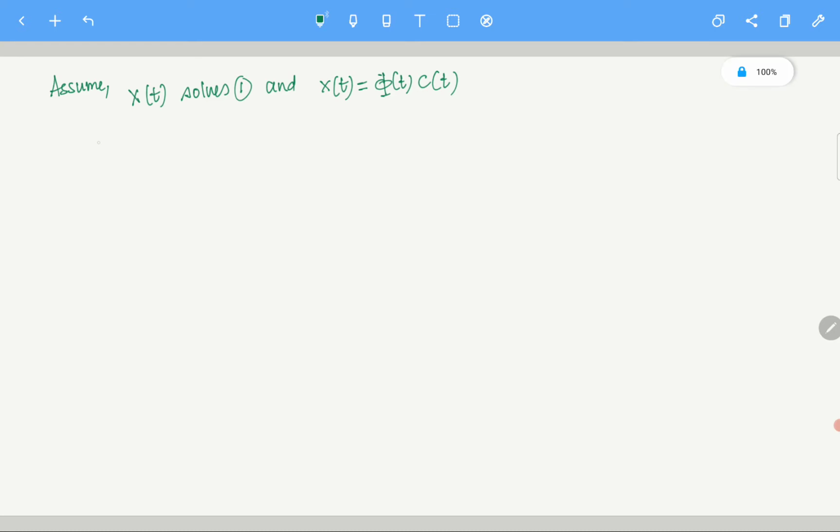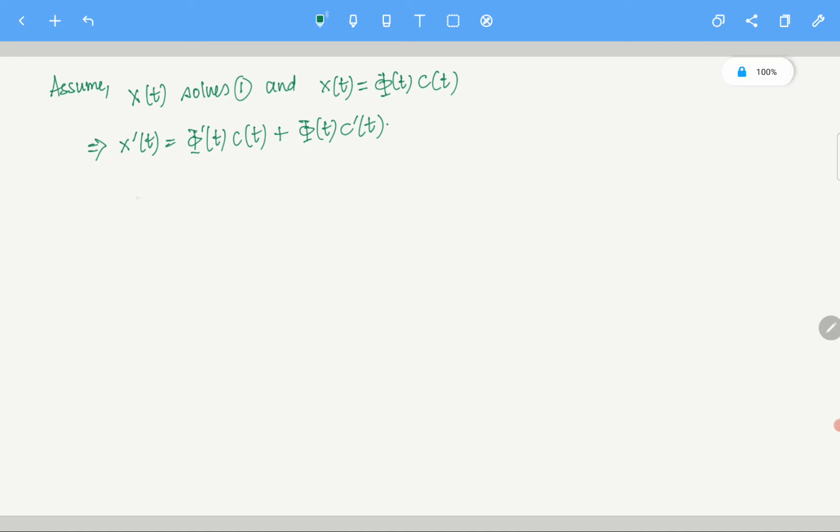Now if that is the case, let's look at what x prime of t is. If I just do x prime of t, it is phi prime of t times C of t plus phi of t C prime of t, okay? I am just taking the derivative, normal Leibniz rule works, so you don't have to worry about all of this.